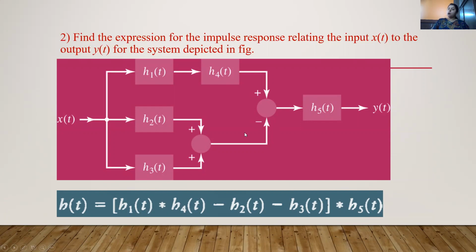So minus of H2 plus H3 will come because they are in parallel. So I took that minus inside, so it is coming as minus H2 of T minus H3 of T. Then this entire thing is in series with H5, so then this convolution H5 of T. This is how we get the overall response of this question.